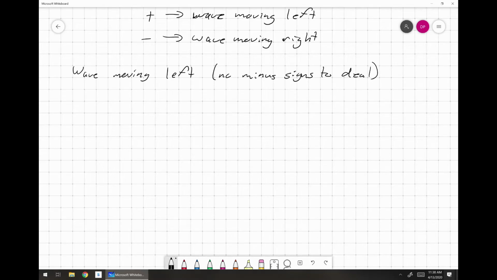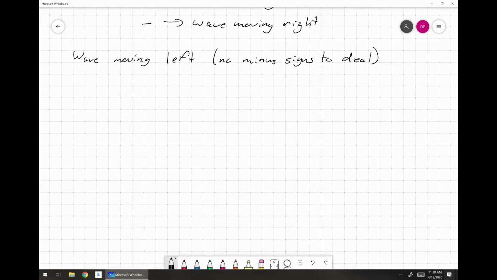It would just be a little bit more difficult to see directly. So if we look at this at t equal to 0, then we get d of x and 0. This is going to be equal to A times the sine of kx, right? So our t term just drops out.